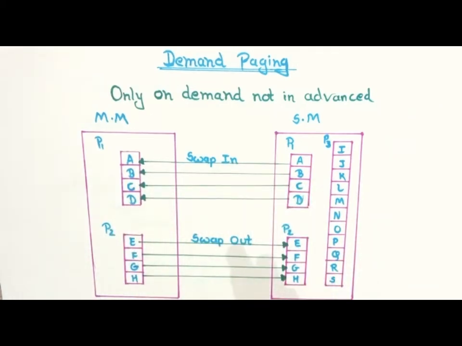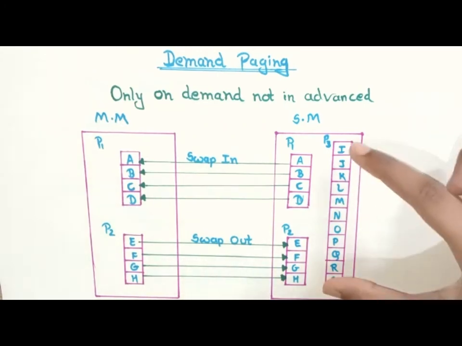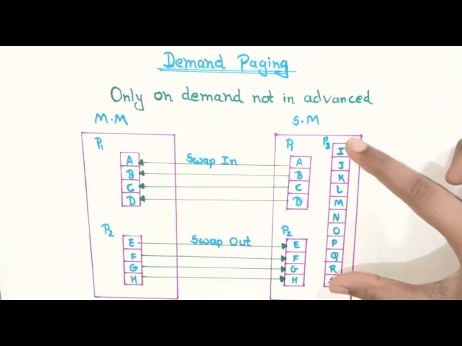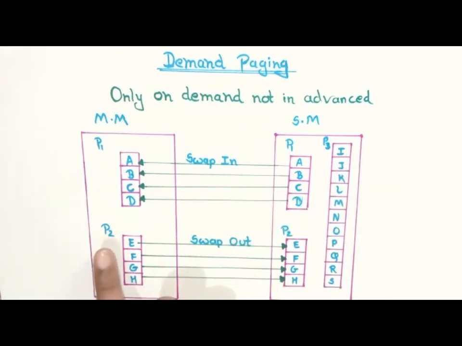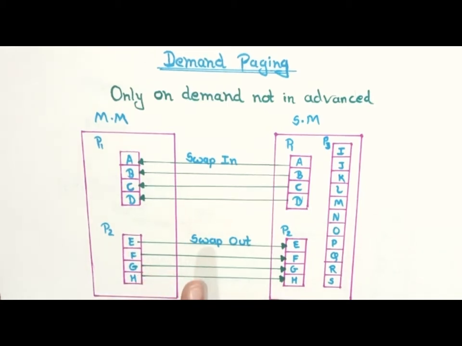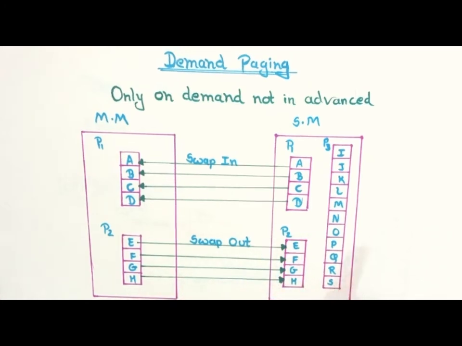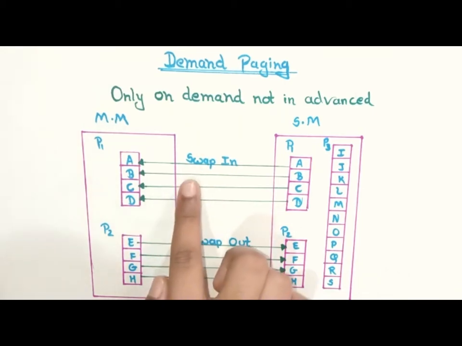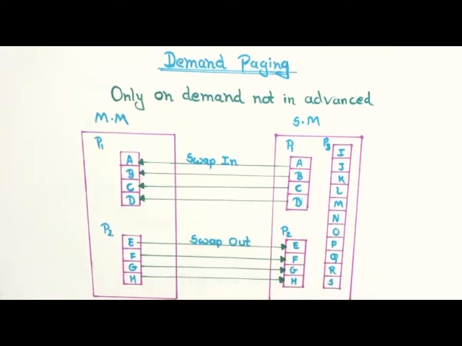Suppose we want to store the data of P3 in the main memory, but the main memory is already full. If you are not using process P2, just send its data to the secondary memory and take the new data. At that time we use the swap in and swap out process.